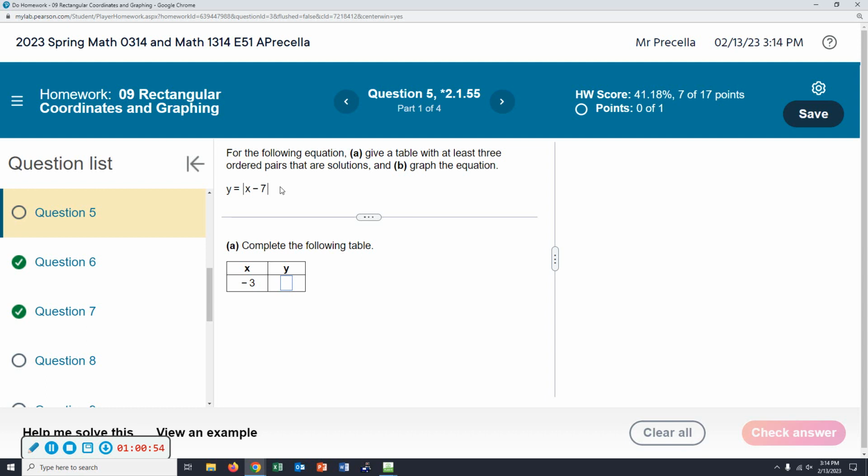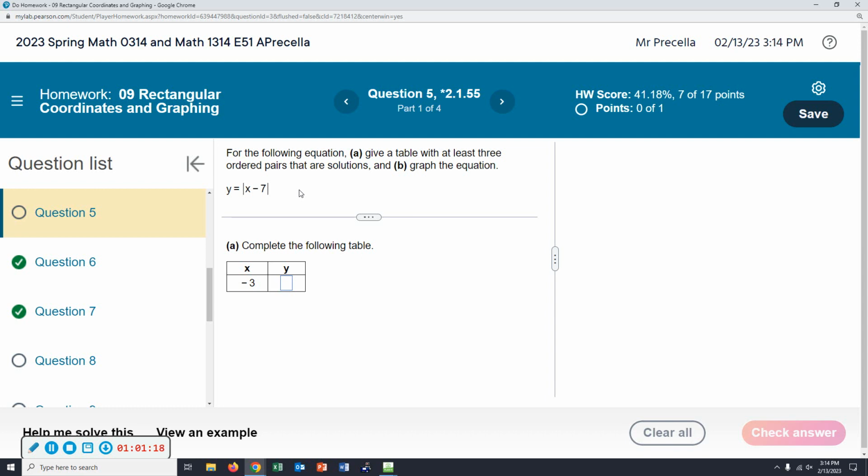y equals the absolute value of x minus 7. It looks like they made the absolute value bars real dim here. I'm going to try to make them darker. Let's see.